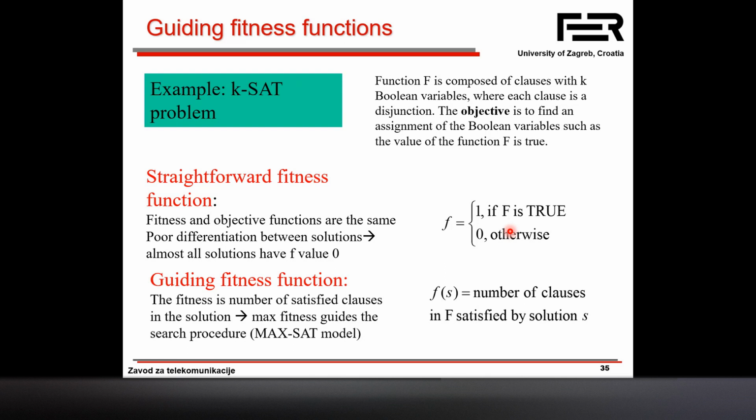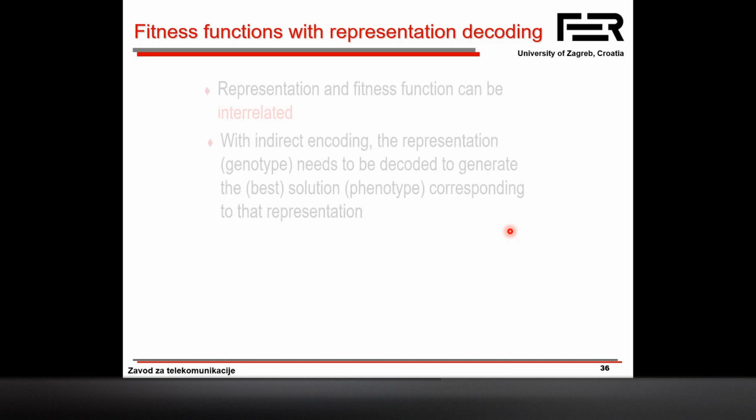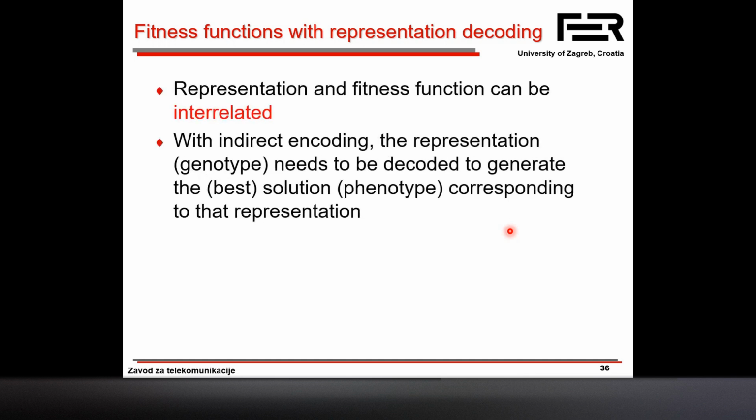The max satisfiability problem is such a model, where the fitness is the number of clauses in F which are satisfied by a certain solution. Sometimes the representation and the fitness function are interrelated.